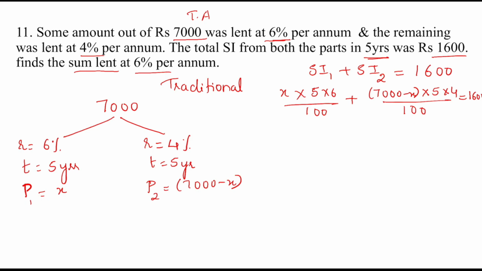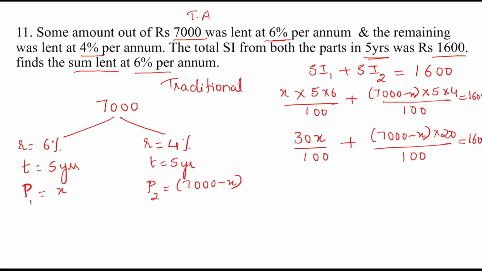Now solving this will be very lengthy, isn't it? Let us see. It is 30x divided by 100 plus 7,000 minus X into 20 divided by 100, which is equal to 1600.